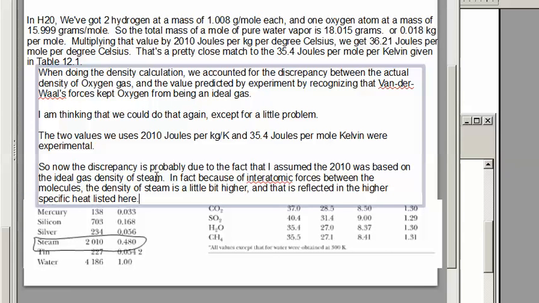So this discrepancy is probably due to the fact that I assumed the 2010 was based on the ideal gas density of steam. In fact, because of interatomic forces between the molecules, the density of the steam would be a little bit higher, and that is reflected in the higher specific heat listed here.